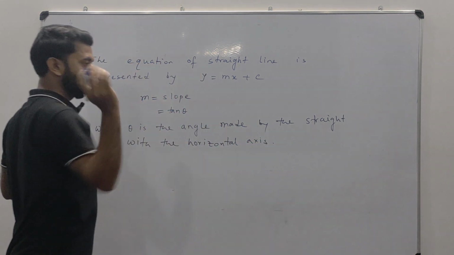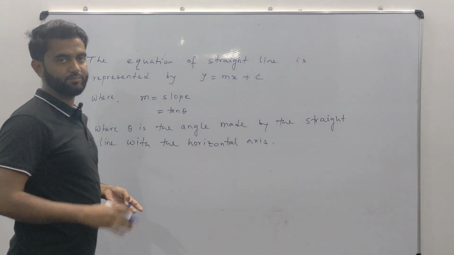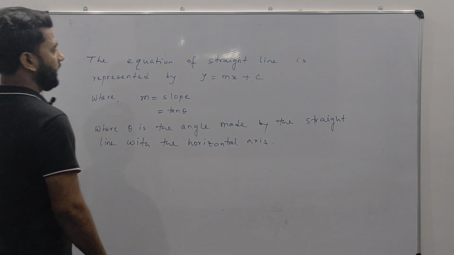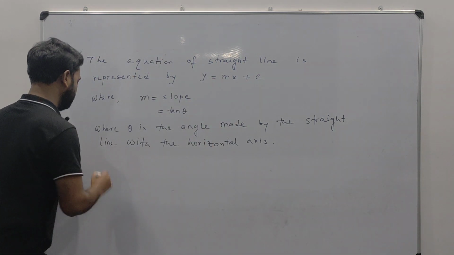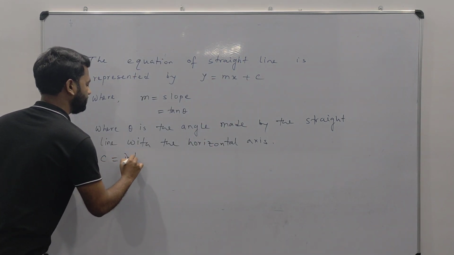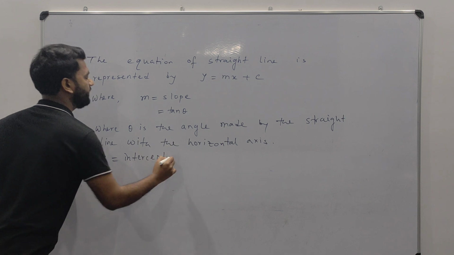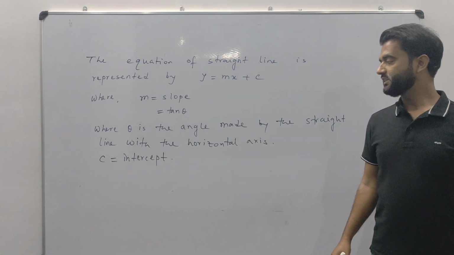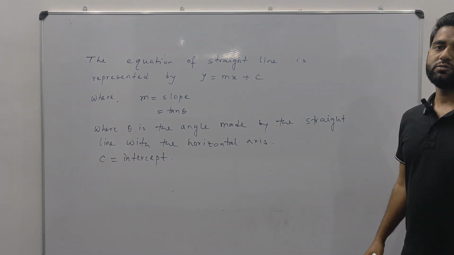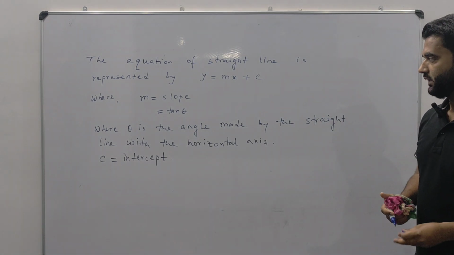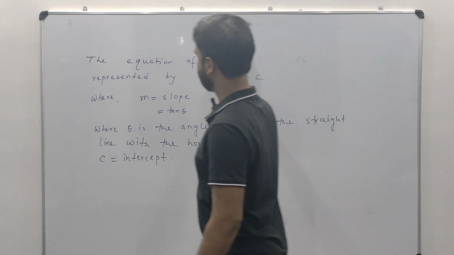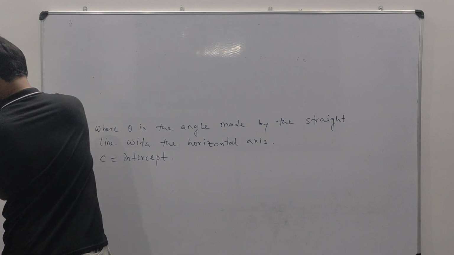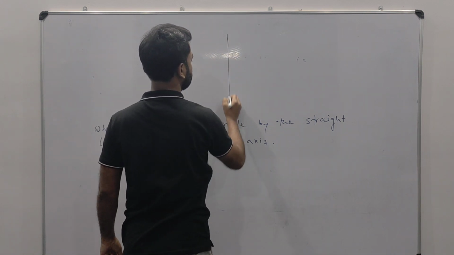In this case, we will consider the x-axis as the horizontal axis and the y-axis as the vertical axis. And c is the intercept. Here, the intercept is the point at which the line passes through the y-axis. The graph will look like this.